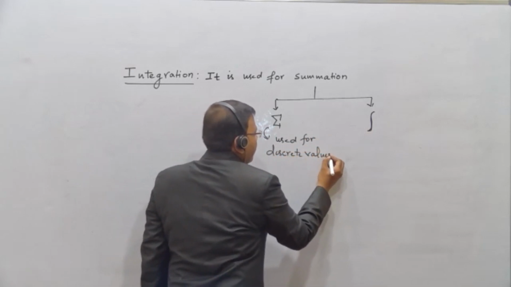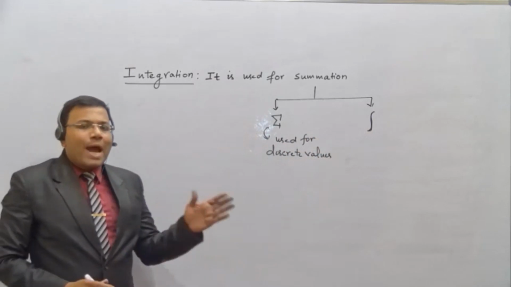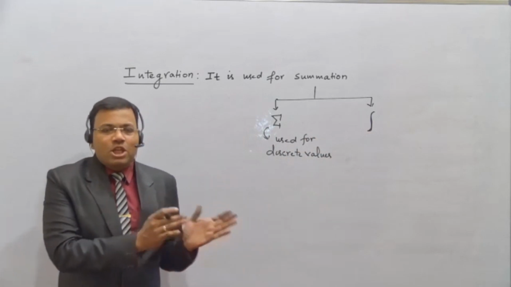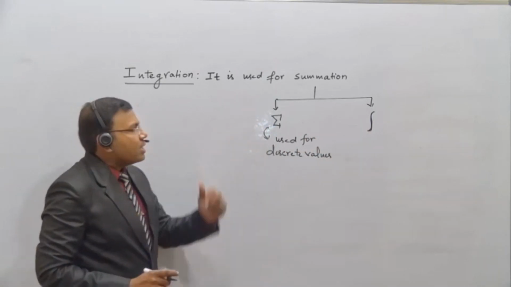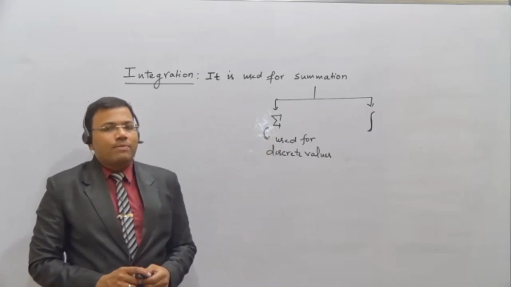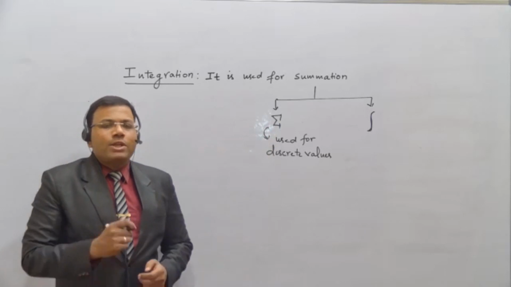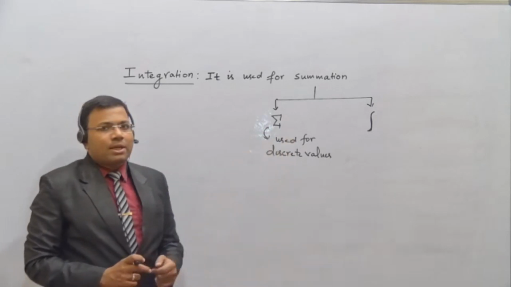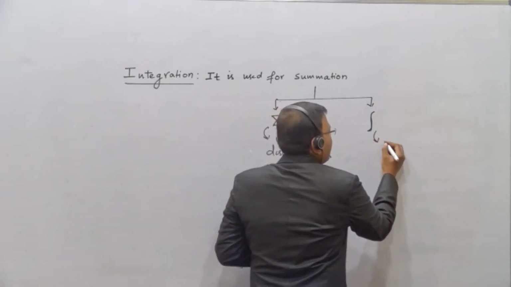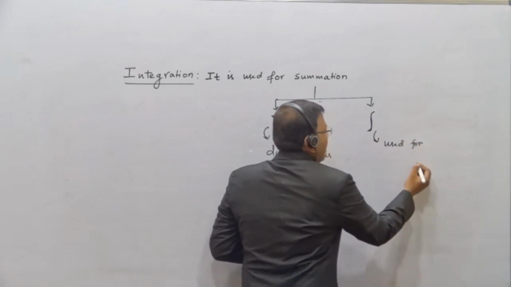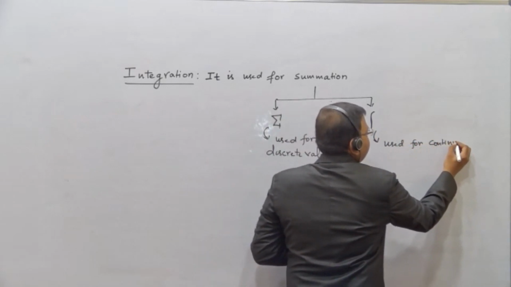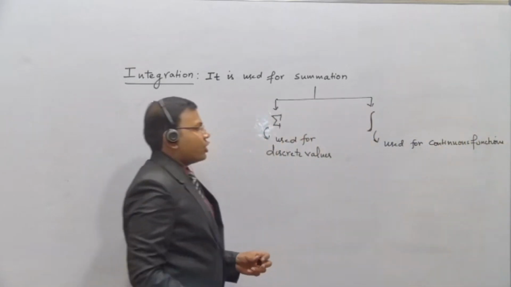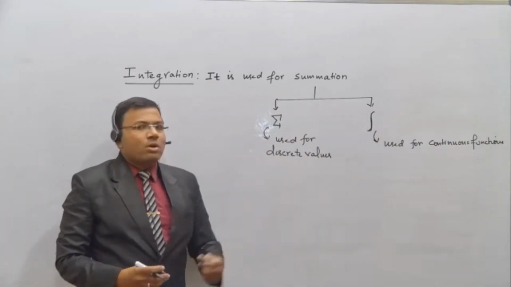Discrete values in the sense, when you want to add 1 plus 2 plus 3 or 1 plus 3 plus 5, like this you are adding discrete values, meaning individual values you want to add, you can use this sign, that is the sigma sign. But when you want to add a continuous function, when you want to add for all the values, then we use the integration sign. So therefore the integral is used for continuous functions. This is for the discrete values and that is for continuous functions.